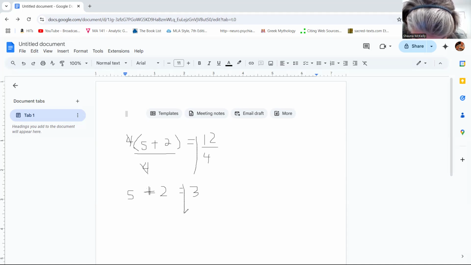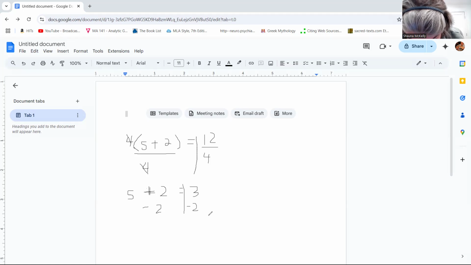Here's my line. So here's my +2. I see a +2. I want to get this S by itself. So what I'm going to do is the opposite of what I see. This is a +2, I'm adding, so I want to use the opposite operation with the number that I want to get rid of.